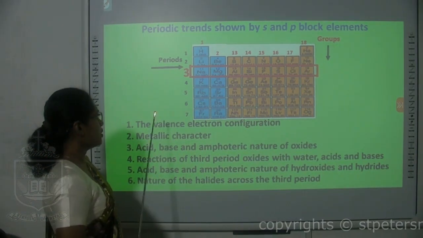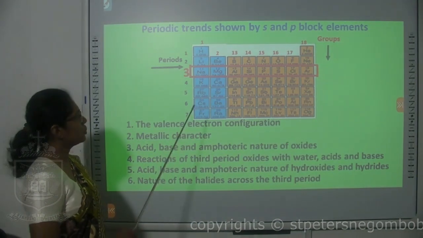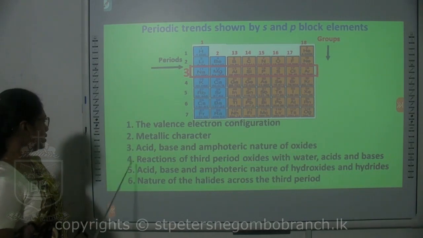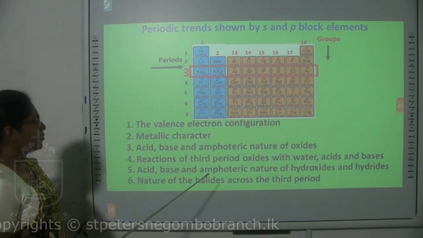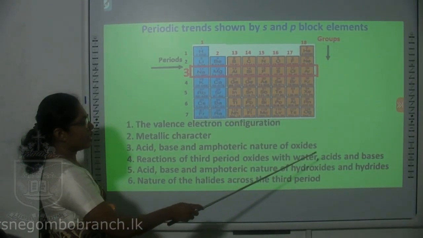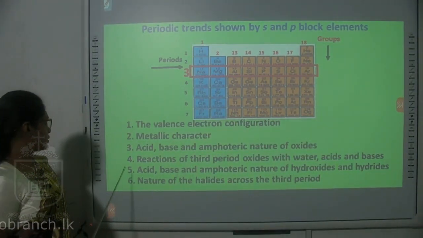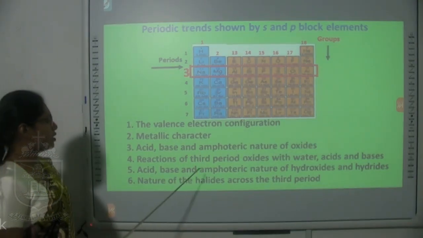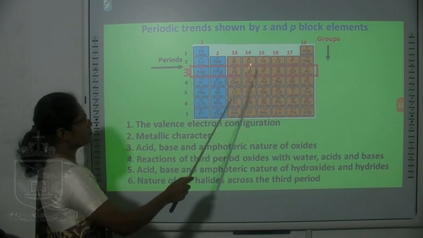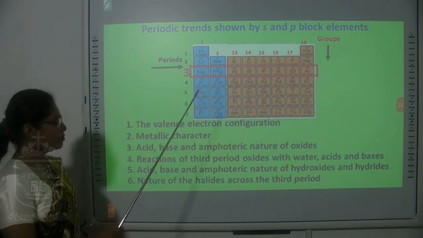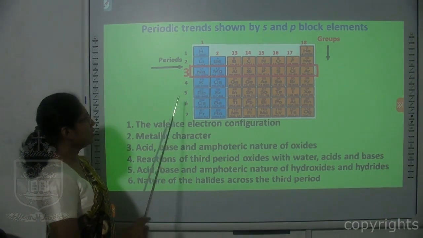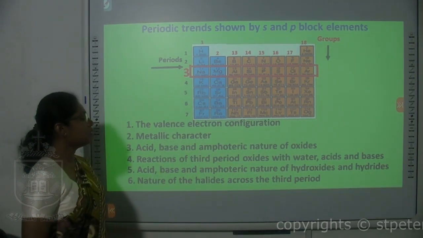In this part, we are mainly going to focus on period 3 elements, then reactions of third period oxides with water, acids and bases. After that, the acid, base and amphoteric nature of hydroxides and hydrides of period 3 elements, and the nature of halides across the third period elements.